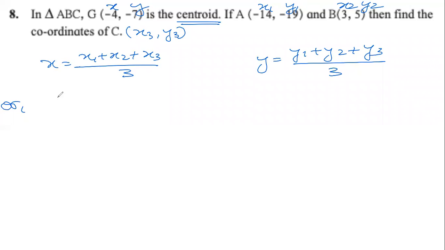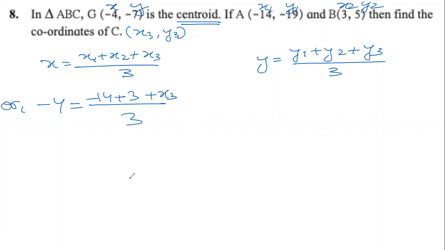What will I write? Minus 4 equals minus 14 plus 3 plus x3, divided by 3.